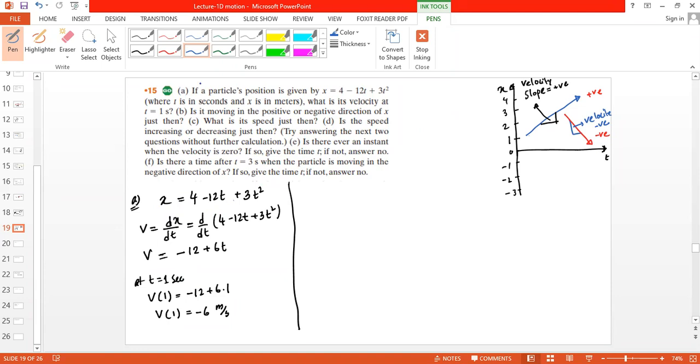Now they are asking whether the object is moving in positive or negative x direction just then, that means at t equal to 1 second. At t equal to 1 second, the velocity is negative. What does this mean? The object is moving along negative x direction.